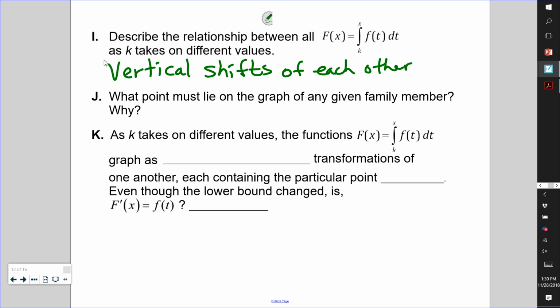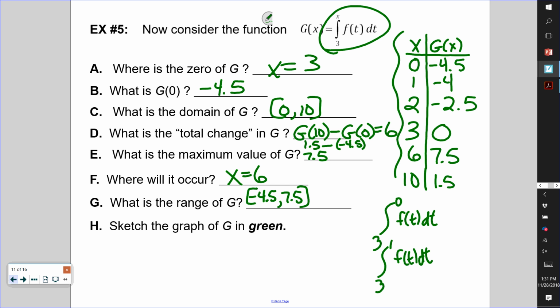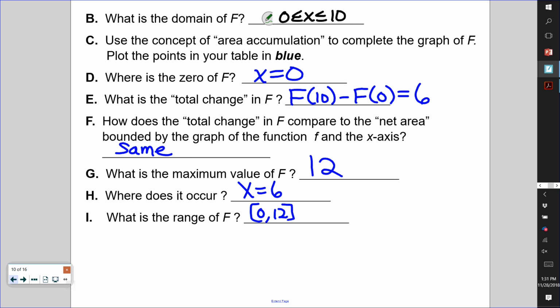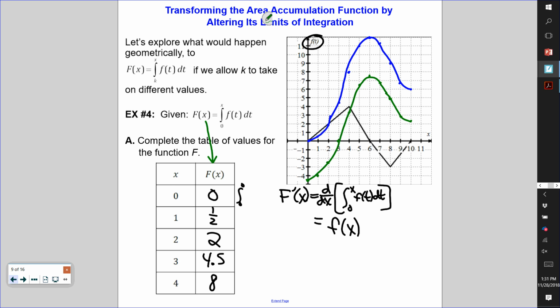What point has to be on the graph of any graph? Now, when they say what point, they don't mean a specific number for both, but there is something that will always be there. That's the k, right? That's the bottom. So you're always going to have k comma 0, because whatever you start on the bottom, you integrate to that number, you're going to get 0.